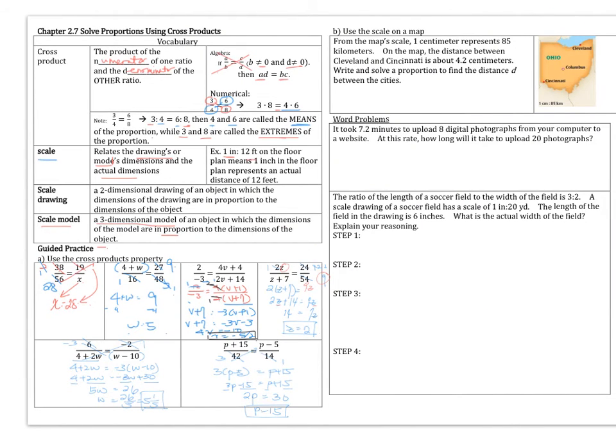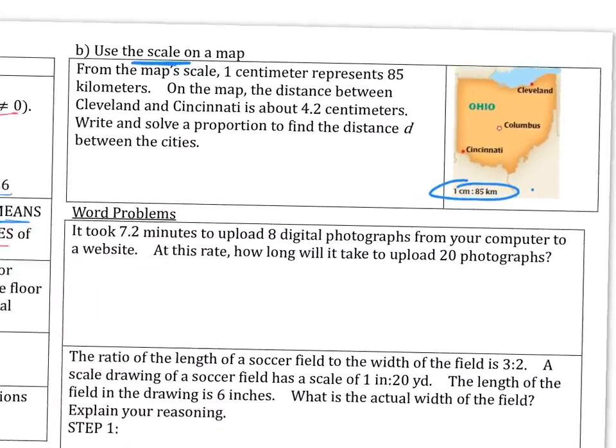Okay, part B, use a scale on a map. Recall that the word scale means a drawing's or model's dimensions to the actual dimensions. So on this map to the right here, you're given a scale. And now you're going to use this piece of information to solve the word problem.